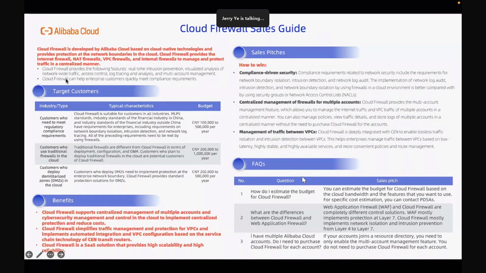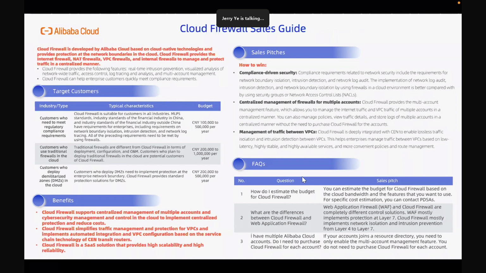So the fourth product is the Cloud Firewall. Here the Cloud Firewall is a SaaS service that is totally different from what you deploy in your IDC on-premises. In your IDC, you need to purchase an appliance from a third-party vendor, like maybe Fortinet, maybe Palo Alto, right?